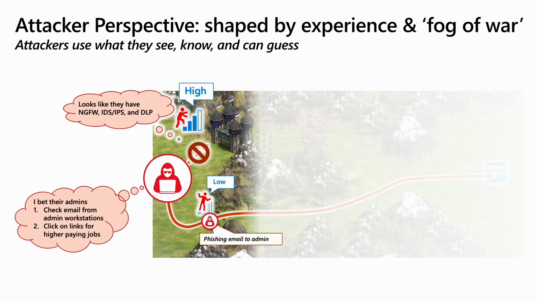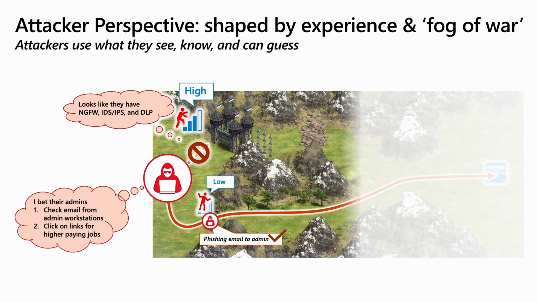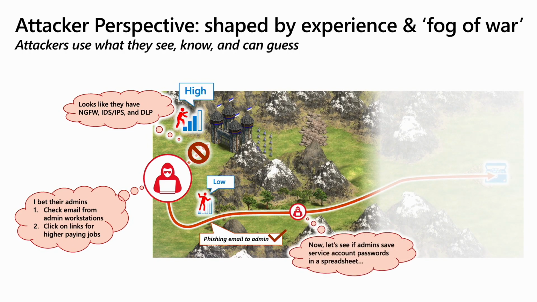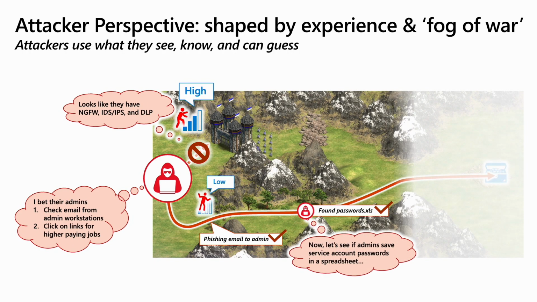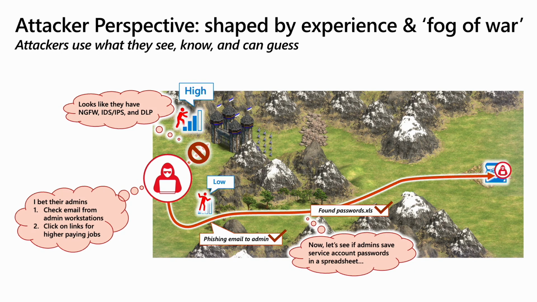Oh, that worked. Now let's see if those admins actually have passwords.xls. That one was easy. So now we can use this and take those service account passwords and go to the objective we want. So the attackers are very creative, very exploratory, and use the data they have. And so they're very practical, and you have to have that in mind as you build your security defenses. So very, very critical there.